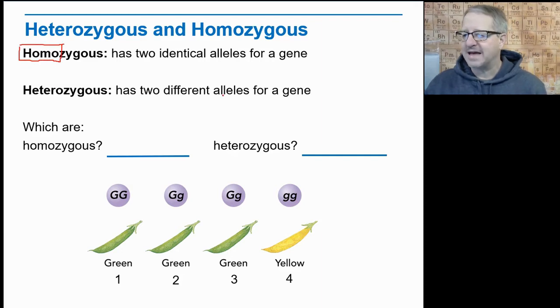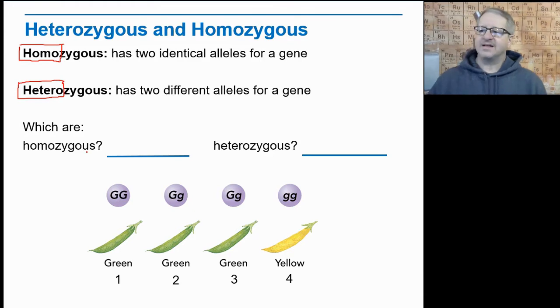Whereas hetero means it has two different alleles for a gene. And hetero, that prefix, means different or other. So two different alleles for that particular gene.